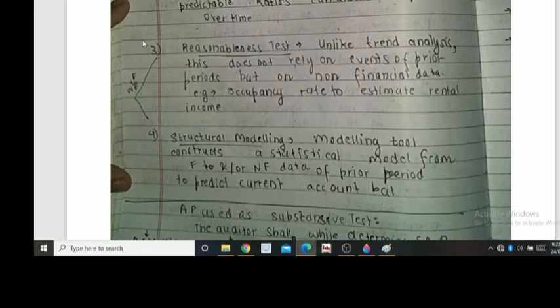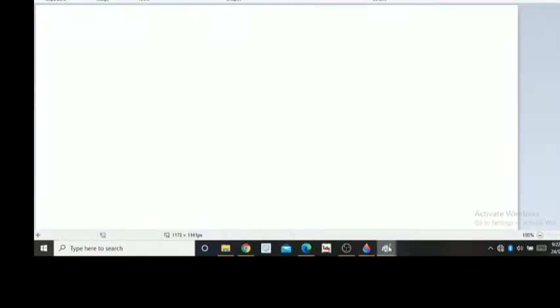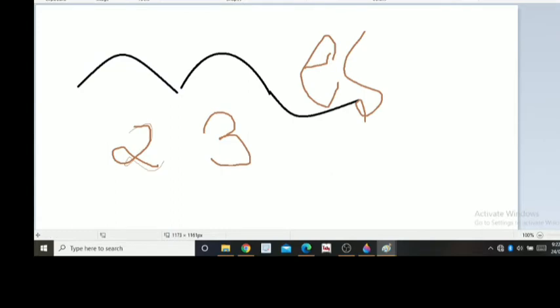Okay, like the reasonableness test. So unlike trend analysis, this does not rely on events of prior period items but on non-financial data like the occupancy rate to estimate rental income. So that means our occupancy rate, like how many people are there in a village or in a city, and so they need homes to live.